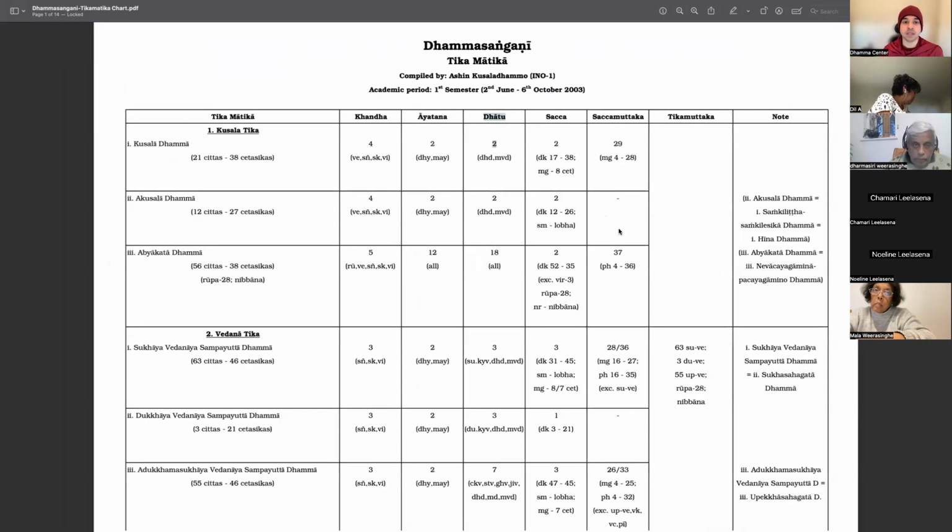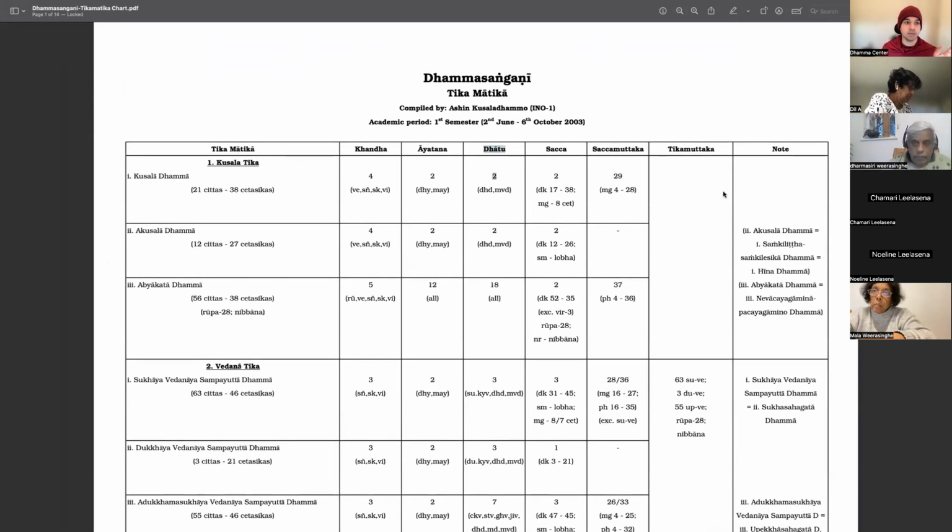Regardless, everyone, I'm going to try my level best to give you the foundations as best as I possibly can. But let me tell you, this is so fun. Dhammasangani is very fun.